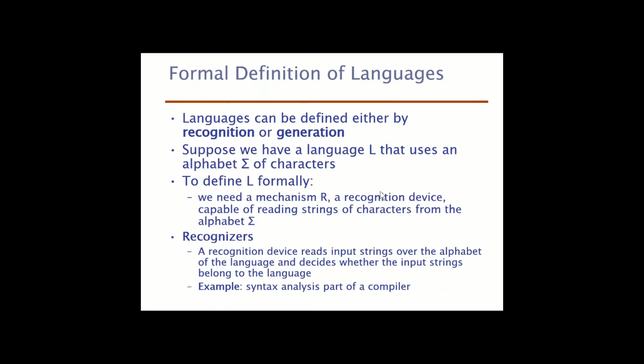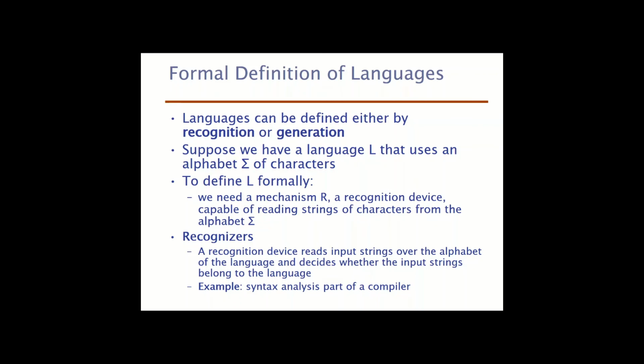Okay. So we speak about the formal definition of a programming language. We have different methods of formal definition of programming language. The first to be explained: now we have a programming language. We can assume that this programming language is composed of a set of characters, or alphabet of characters.